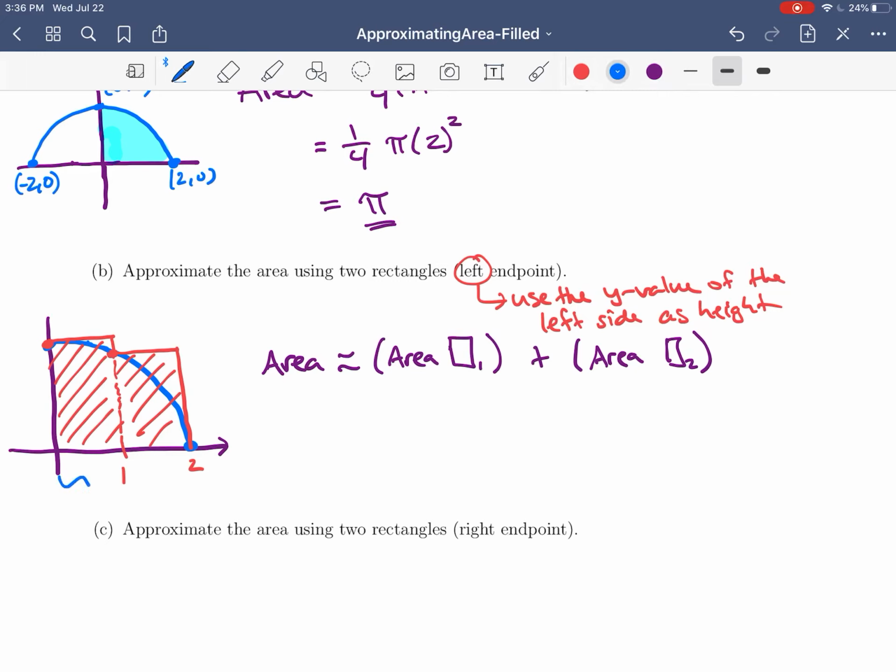The width here for both of them is 1. The height of the first one is going to be f of 0 because it's the y value when x is 0. And the height of the second one is going to be f of 1. So then we're going to do width times height. This is going to be 1 times f of 0 plus 1 times f of 1.